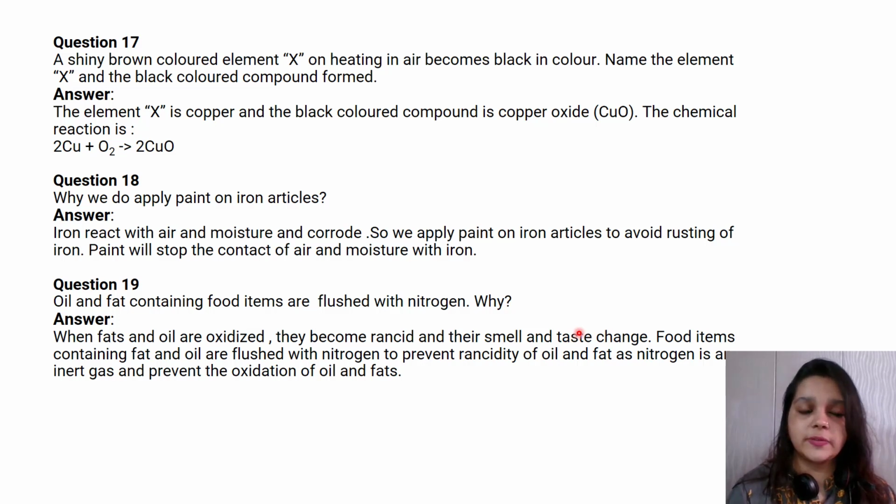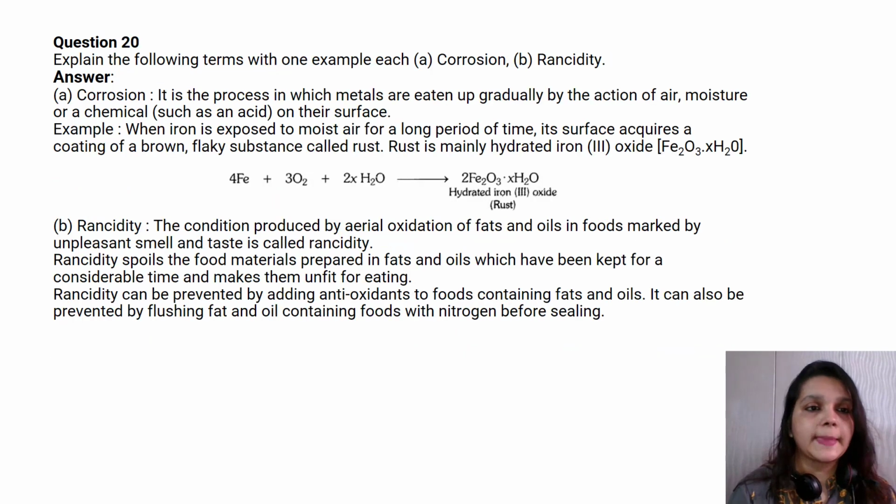Majorly the food that has a lot of fats and oils goes stale quickly because it is exposed to air outside. Oxidation happens, rancidity takes place, and smell and taste changes. Food items containing fat and oil are flushed with nitrogen to prevent rancidity of oil and fat, as nitrogen is an inert gas and prevents the oxidation of oils and fats.